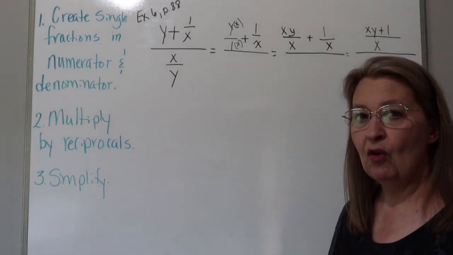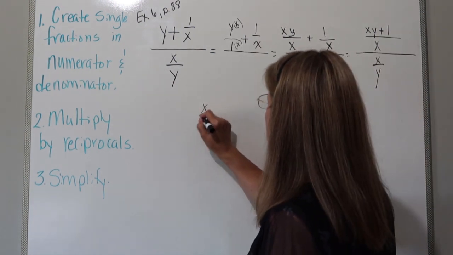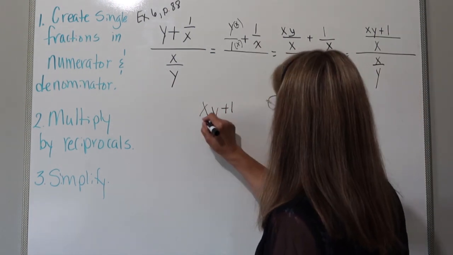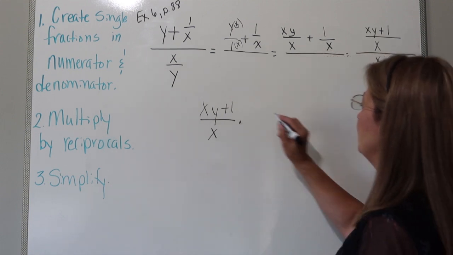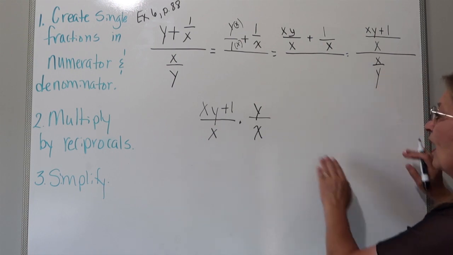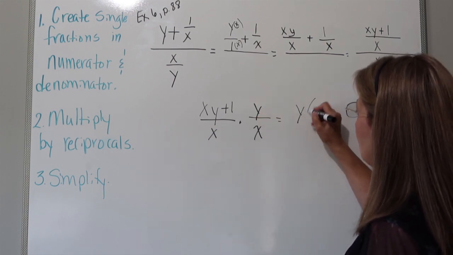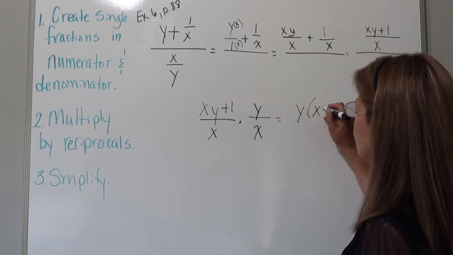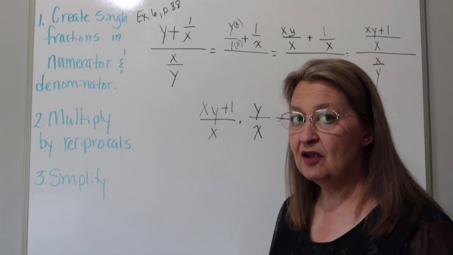So I'm going to multiply by the reciprocal. I'm going to take the top fraction just like it is. I'm going to multiply by the reciprocal of this. So instead of x over y, I have y over x. Now, when you multiply, you don't really have to distribute when you're doing this, because what's the last step? To simplify.